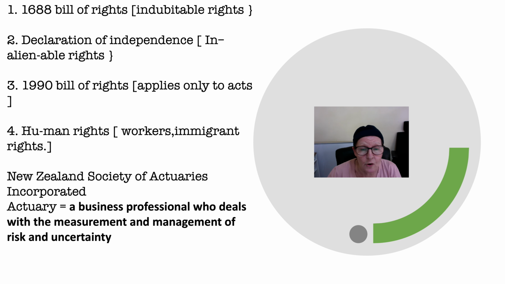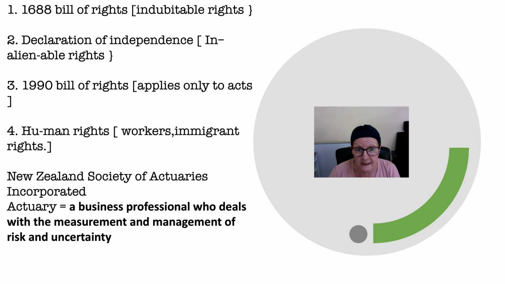The next one we've got in New Zealand, just introduced in the last 30 years into New Zealand, Australia, England, Scotland, is the 1990 Bill of Rights. Now, the 1990 Bill of Rights applies to subordinate acts, acts that are made outside of the indubitable rights or even the inalienable rights.